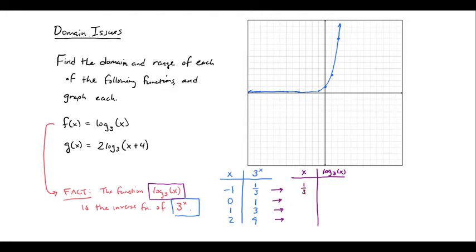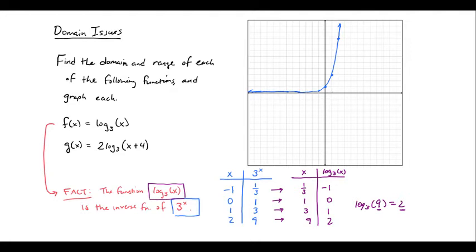So I'll have 1/3 comma negative 1, 1 comma 0, 3 comma 1, and 9 comma 2. You can check that these are valid. For example, log base 3 of 9 actually is 2, because 2 is the exponent that corresponds to a power of 9. I'm just saying I can do this a lot quicker by switching input-output pairs.